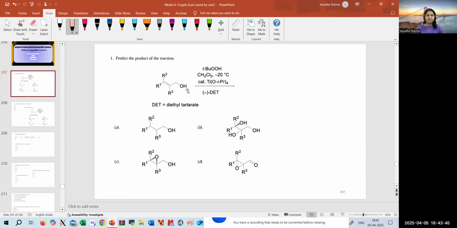So here, predict the product of the reaction. You need to first identify what is the substrate and what is the oxidant that you are taking. Your substrate is an allylic alcohol, and this is your oxidant, in the presence of a titanium catalyst. This is your catalyst, and this one is your substrate.